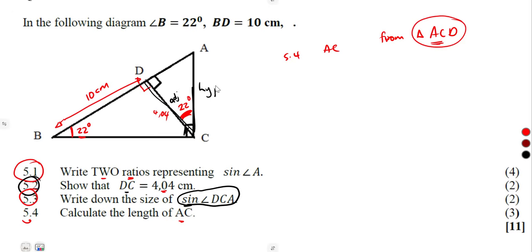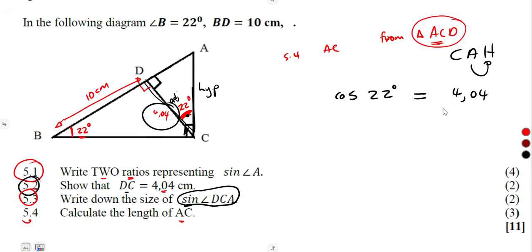Which ratio, guys, uses adjacent and hypotenuse at the same time? Adjacent and hypotenuse, that's cos. So the cos of the angle 22 degrees is equal to adjacent, 4,04, over the hypotenuse, which is AC, the one that we want to calculate.